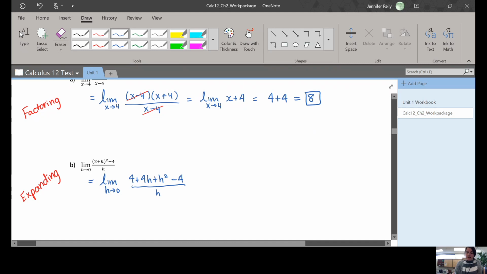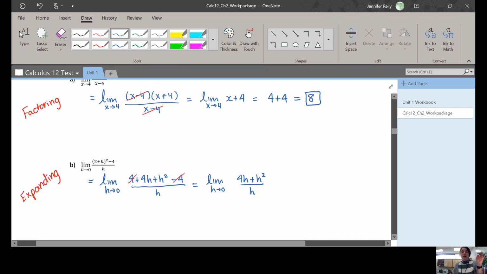And now we're going to collect like terms. So notice I have not evaluated the limit yet, so I keep writing limit as h goes to 0. So like terms, these 4's end up canceling out. So that's kind of nice. So I'll have 4h plus h squared all over h.